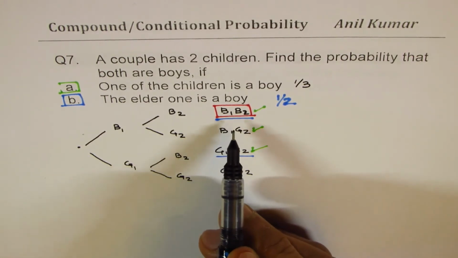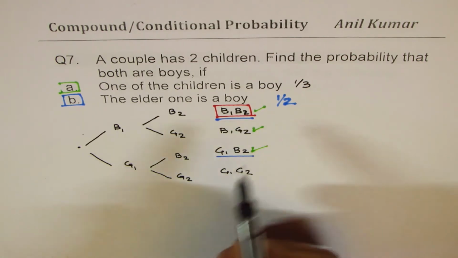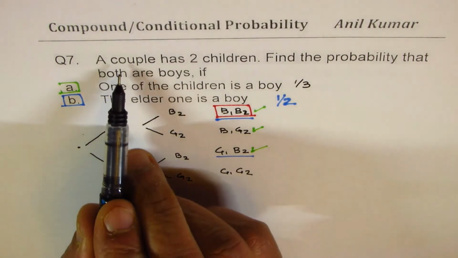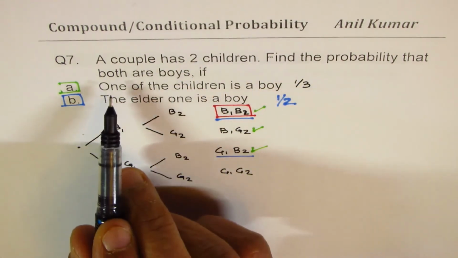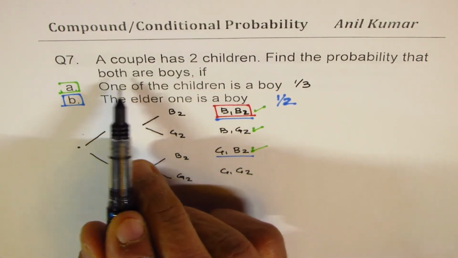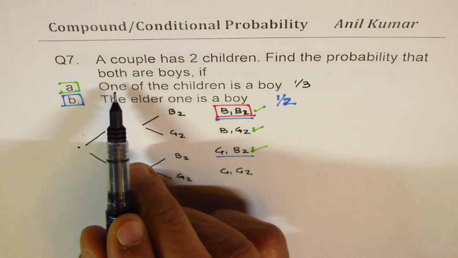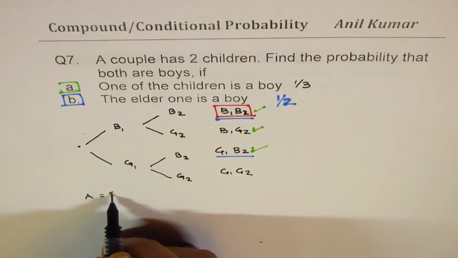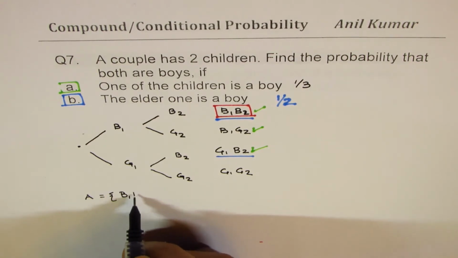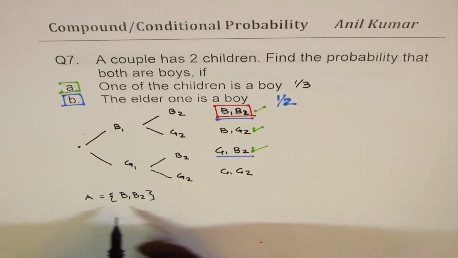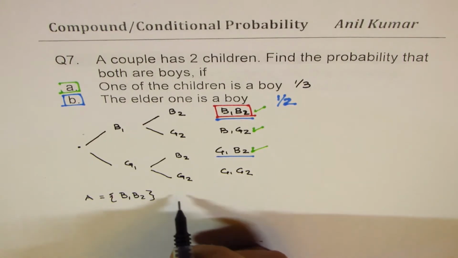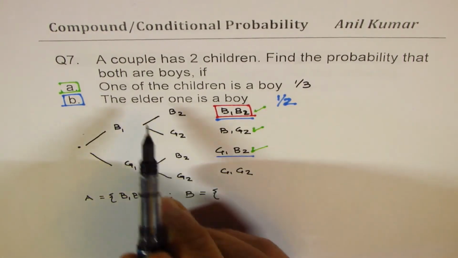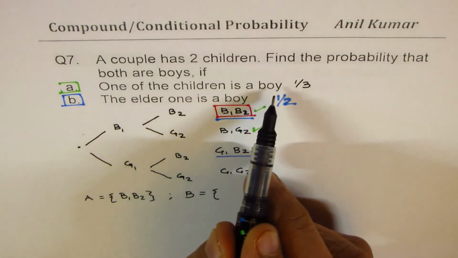However, you could have the same approach as we did in the previous question. Defining our events: a couple has 2 children, find the probability that both are boys. So event A is both boys, that is B1, B2. Event B is one of the children is a boy.